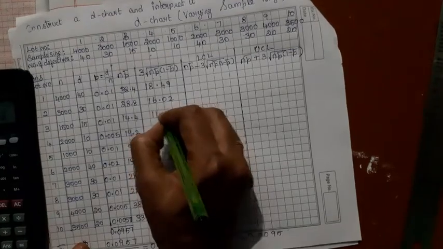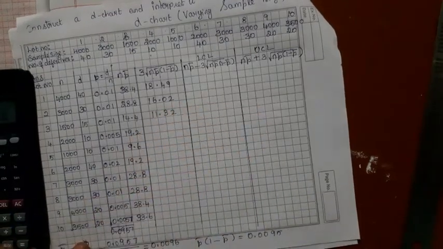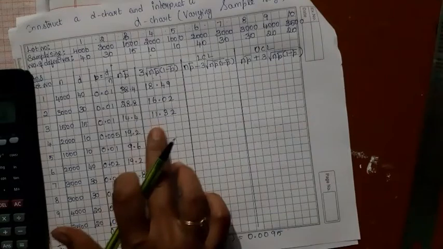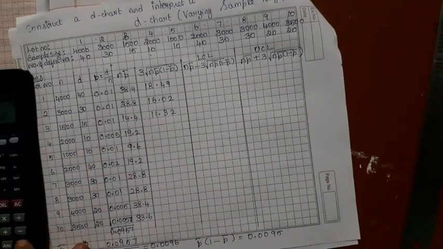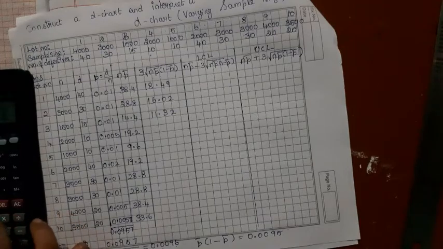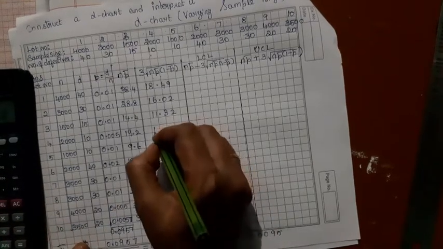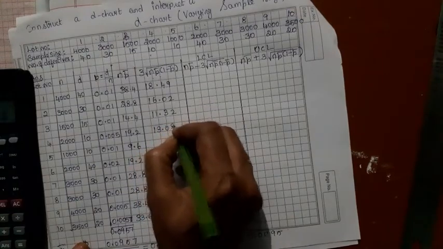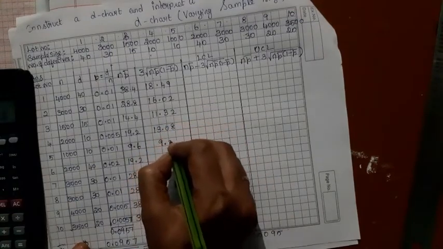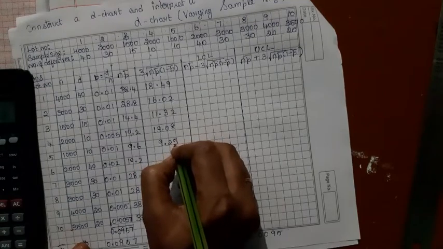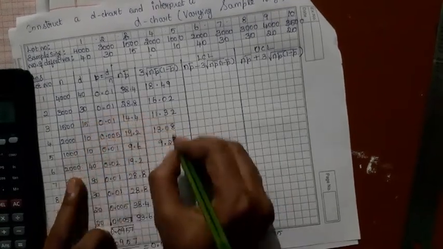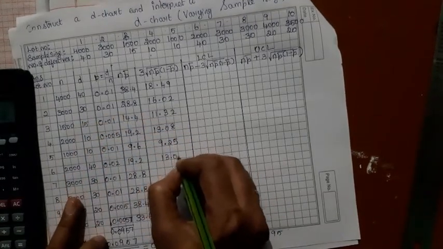Okay. 1500 into 0.0095, take square root and multiply by 3. You get 11.32. Right. And now it is 2000 into 0.0095, take square root and multiply by 3. You get 13.08. Then here 9.25. For 2000 it is 13.08.